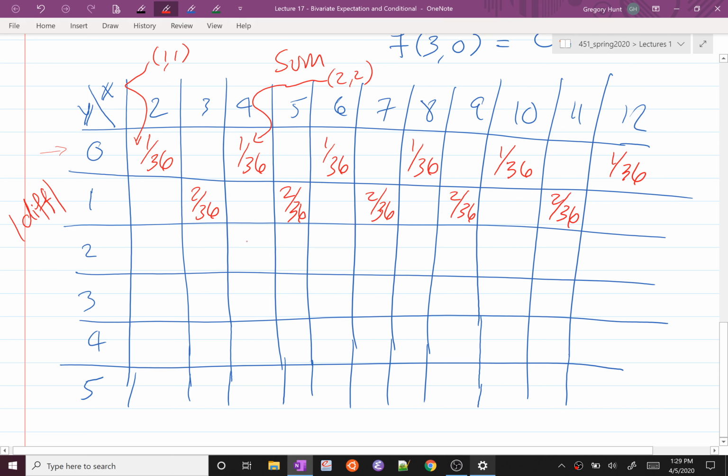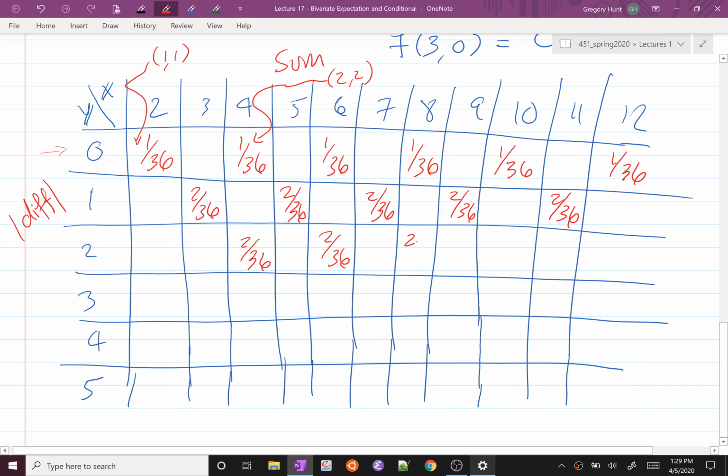And we could have, say, 4. So we could have the difference being 2 and the sum being 4. What would that look like? Like 1, 3, or 3, 1. Difference is 2, sum is 4. And so we'll have 2 over 36 possibilities there.